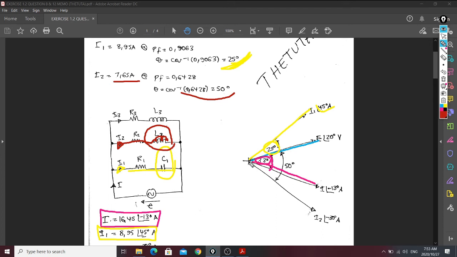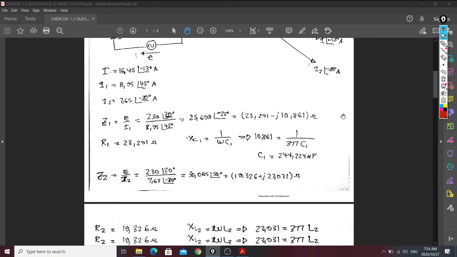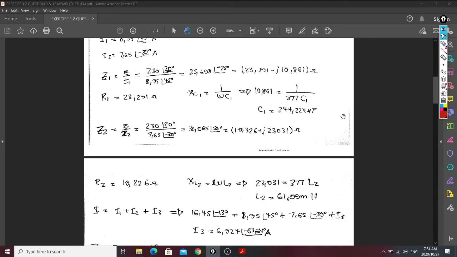So the difference is 50, which is the power factor angle, and therefore 20 minus 50 gives minus 30. That will be the angle of our I2. Once you have done this, what comes next? It's just your Ohm's law, Kirchhoff's junction law, and it's done.